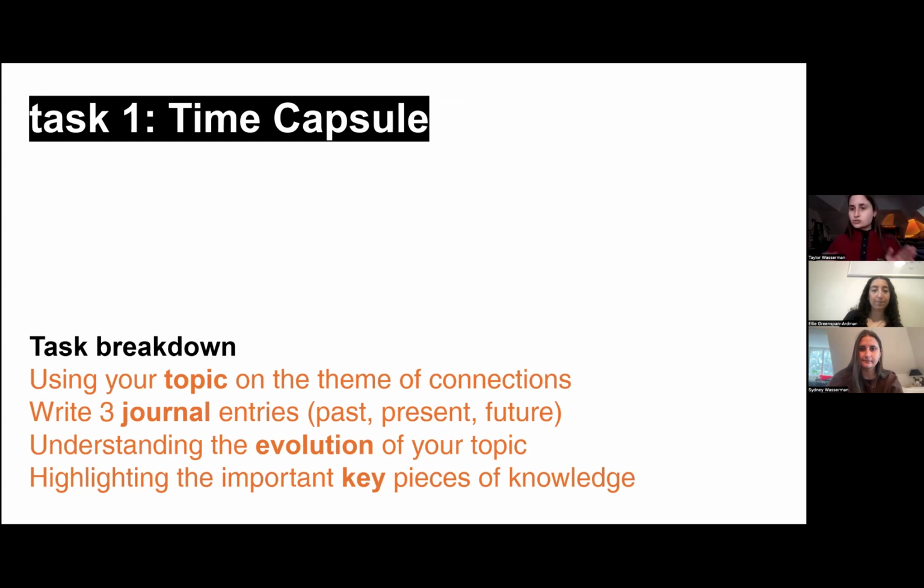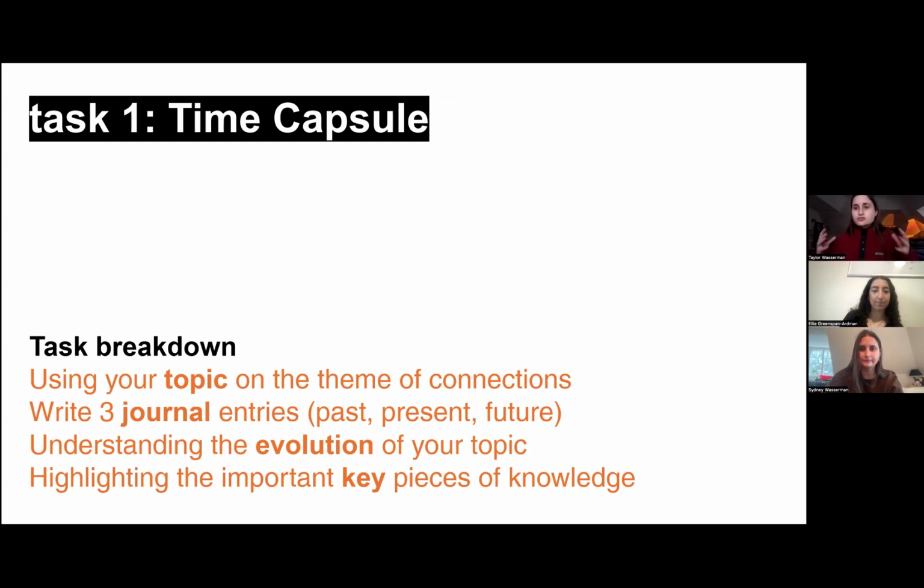You could choose how far apart you'd like your time capsule openings to be. I think those guidelines aren't necessarily strict, but the idea is to write 3 separate journal entries that represent the past, the present, and the future.